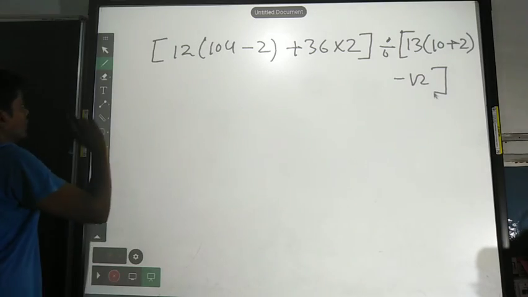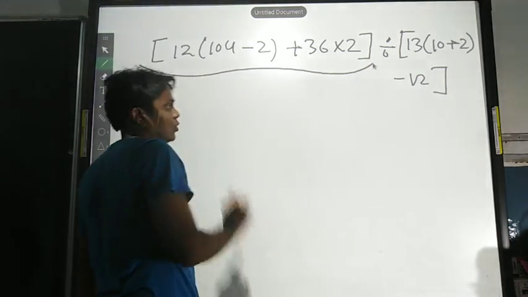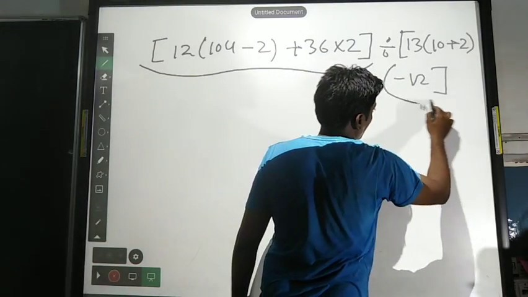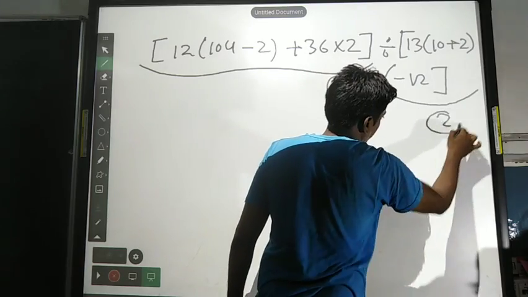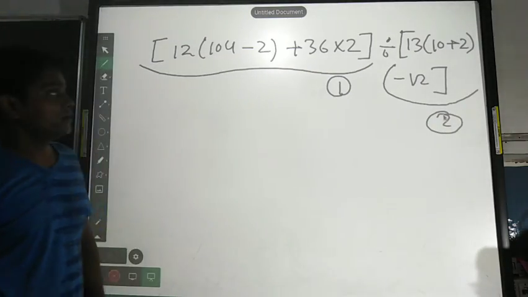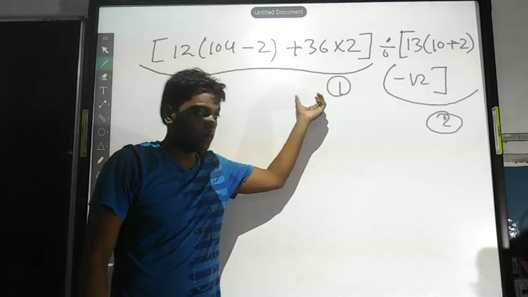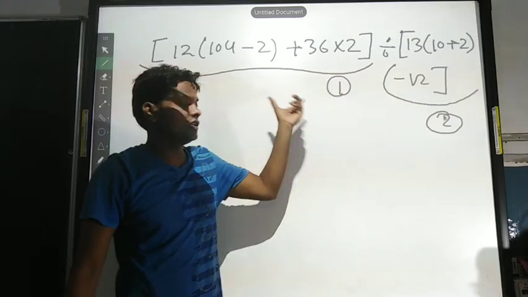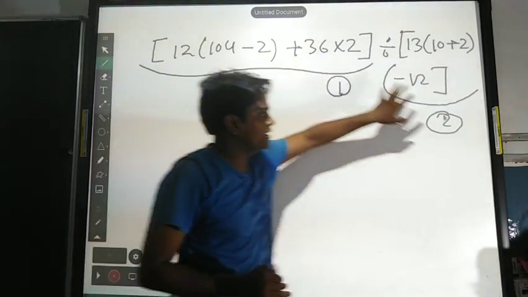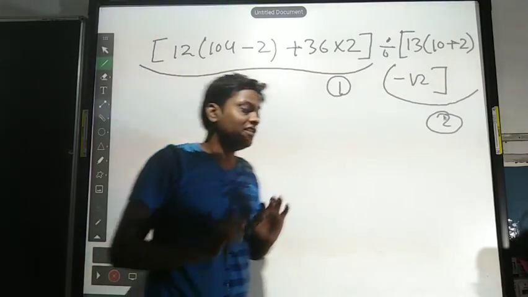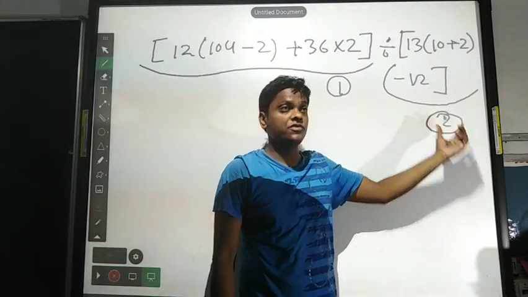See, listen. This whole part is one part and this whole part is one part. We can say it part 1 and part 2. The second part will divide the first part. We will solve the first part and the second part, and whatever the result of the first part, that will be divided by the result of the second part.